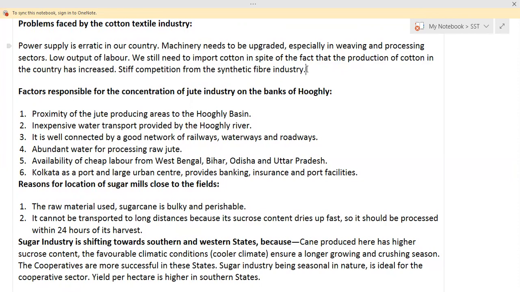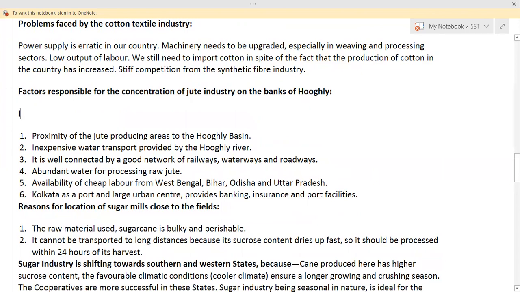So I'll tell you one story: India is the second largest producer of jute.